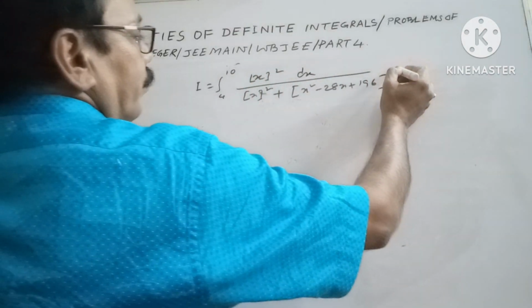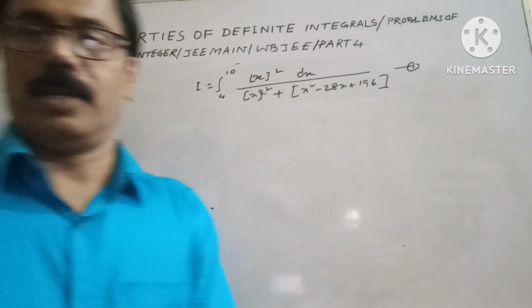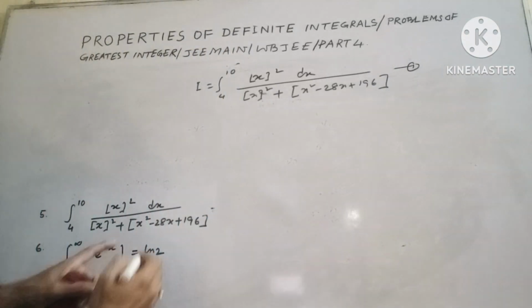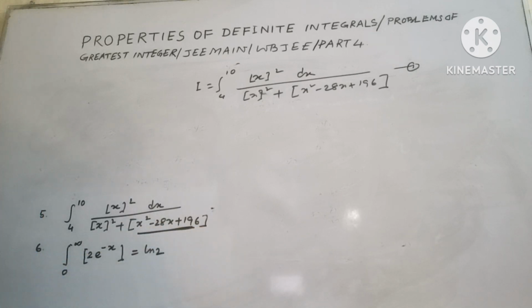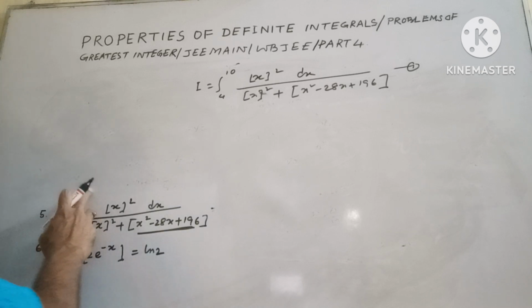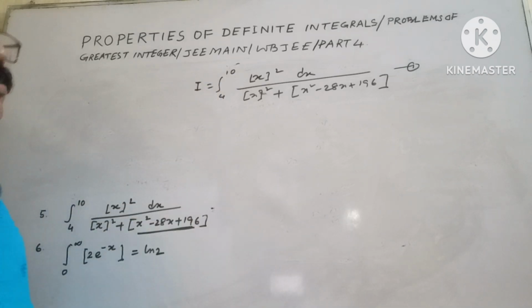So call it 1. Now look at the problem. So within this third bracket it is x minus 14 whole square. So look, we cannot expand it. So this is not a problem of the previous type.